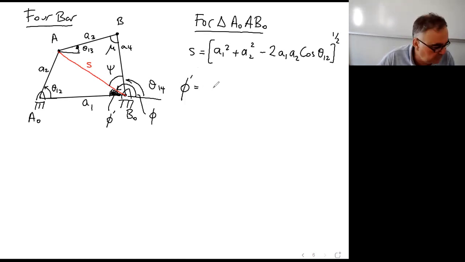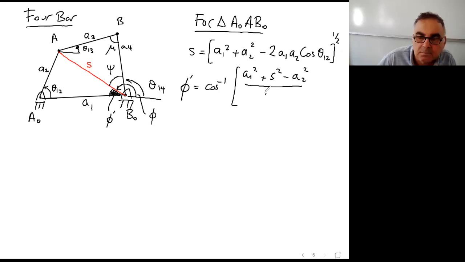Phi prime can be found from, let's say, cosine inverse of... We are not done yet though, but phi prime can be found, from which angle phi can be found.